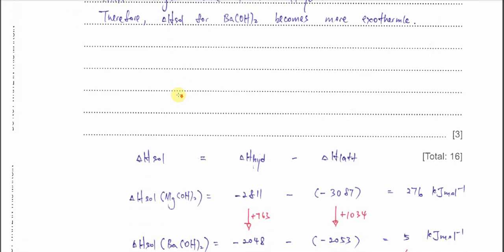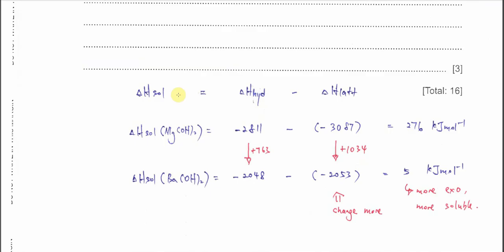Because it's a comparison between magnesium hydroxide and barium hydroxide, we should use this equation: the delta H solution is equal to the delta H hydration minus the lattice energy. When the delta H solution is more negative, or more exo, the salt is more soluble.